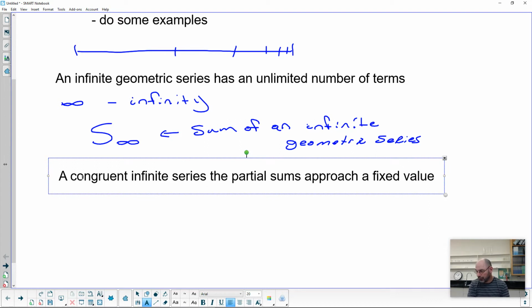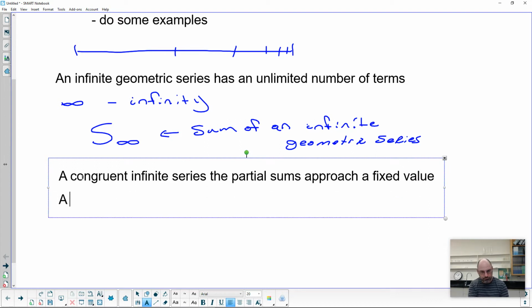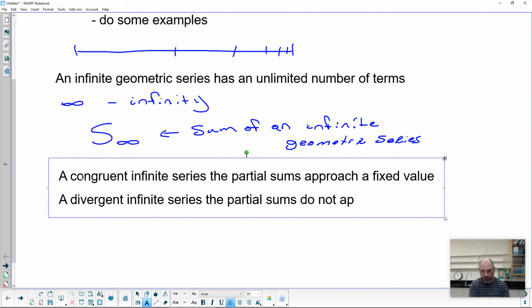And a divergent infinite series is one where the partial sums do not approach a fixed value. They're opposites.